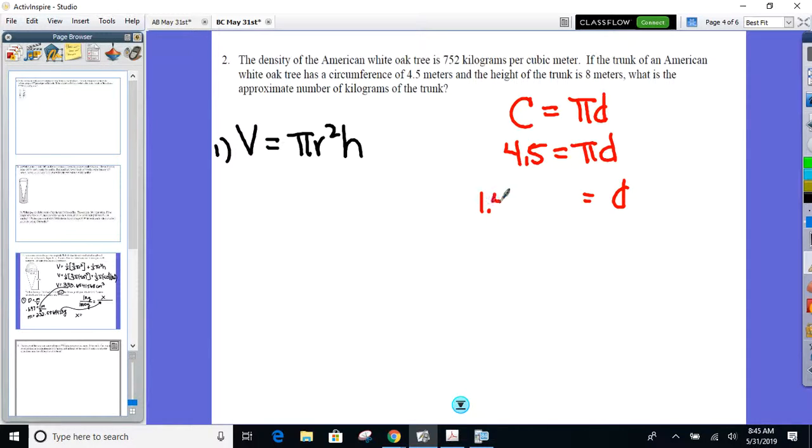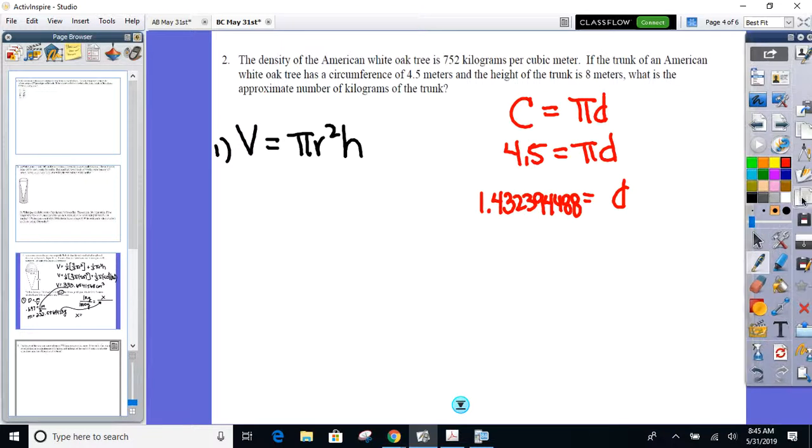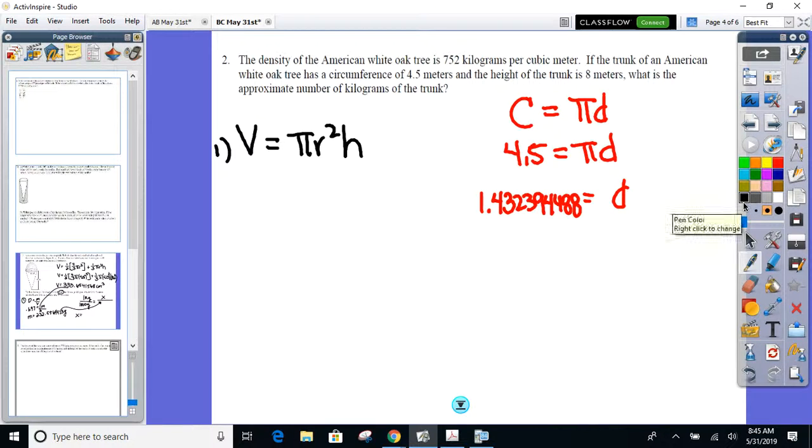I'm getting 1.4323 94488. Again, not rounding anything. There's your diameter. I'm not going to write it out, but you can cut it in half right now before you go back to the volume formula.